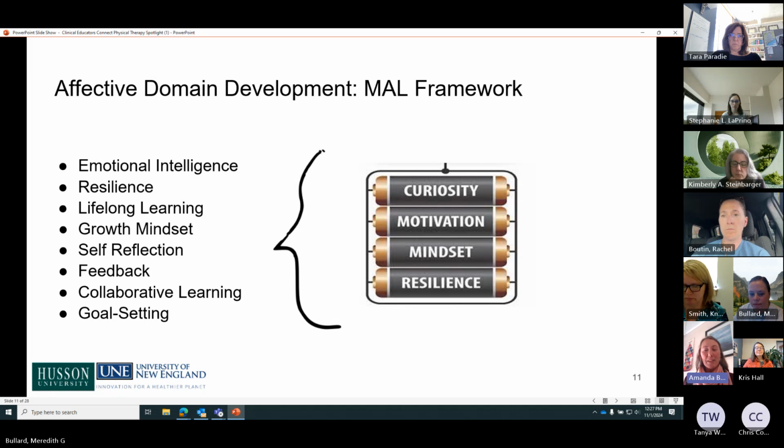These pieces of affective domain development are directly connected to these batteries. And it's the batteries that, as we said, energize this master adaptive learner framework to help students create that lifelong learning and adaptive expertise that we want them to have as reflective practitioners when they graduate from their programs. Advance.